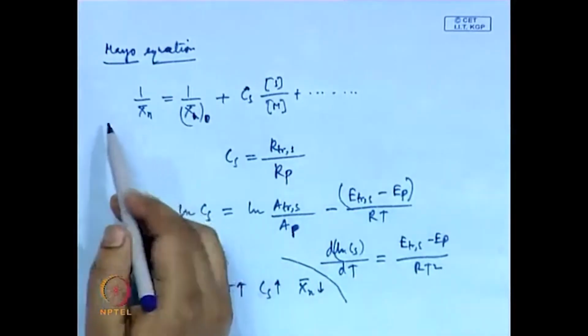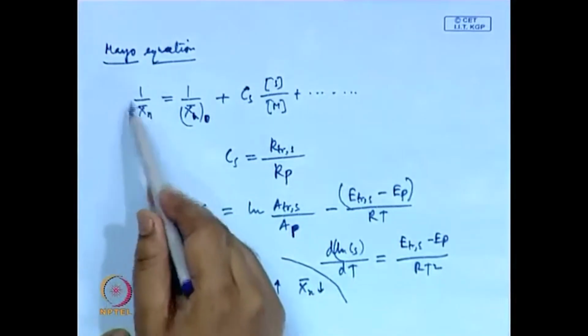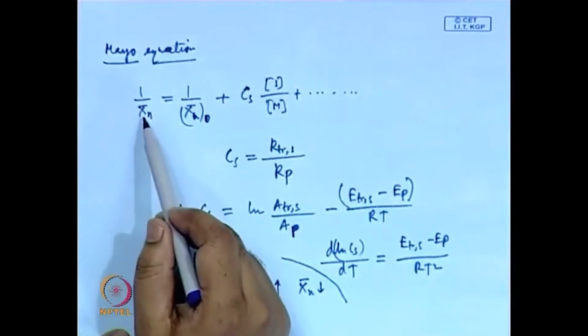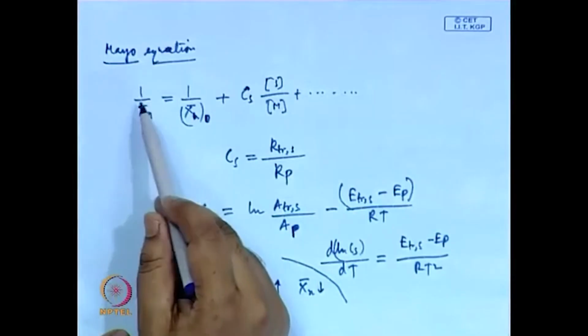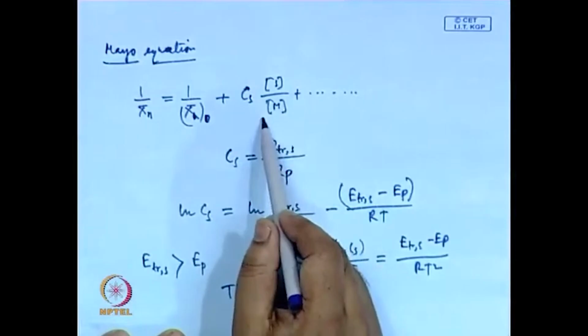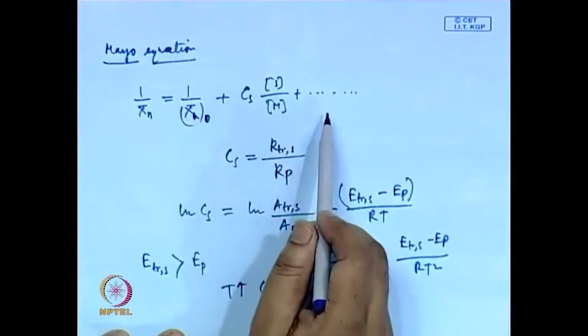Okay, so we have seen how you can get quantitatively the average degree of polymerization in presence of chain transfer reaction.